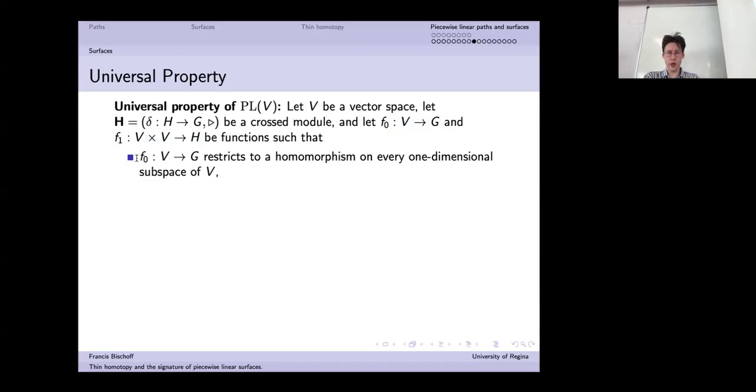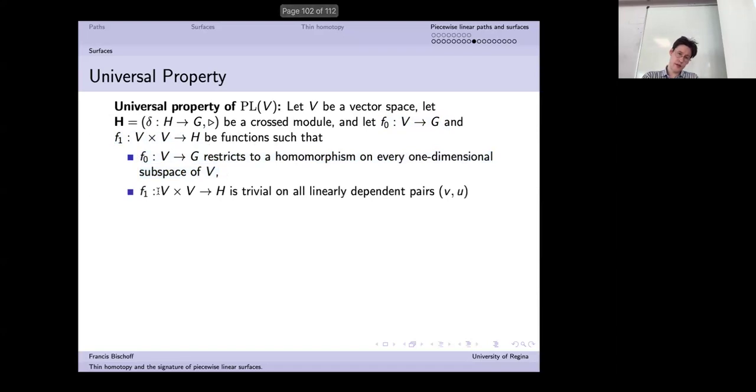Okay, and these are the properties. F0 needs to satisfy the same property as before: it restricts to a homomorphism on every one-dimensional subspace. The second property is that the map F1 should be trivial on all linearly independent pairs.